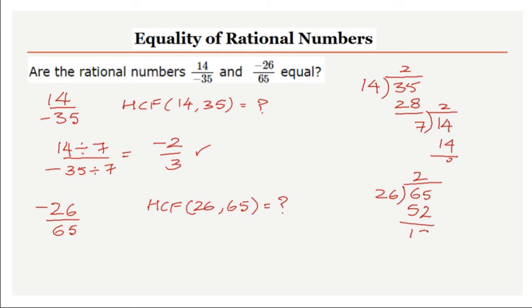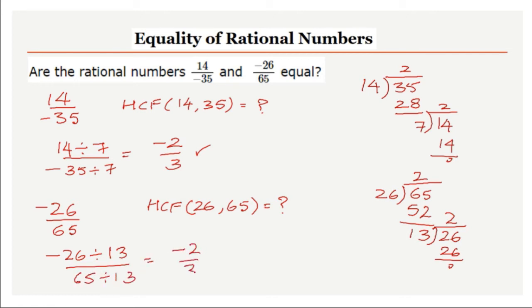It leaves the remainder 13. Now 13 divides 26 2 times, leaving the remainder 0. So the highest common factor is 13. So minus 26 to be divided by 13 and 65 to be divided by 13. On dividing, we get it as negative 2 by 3.